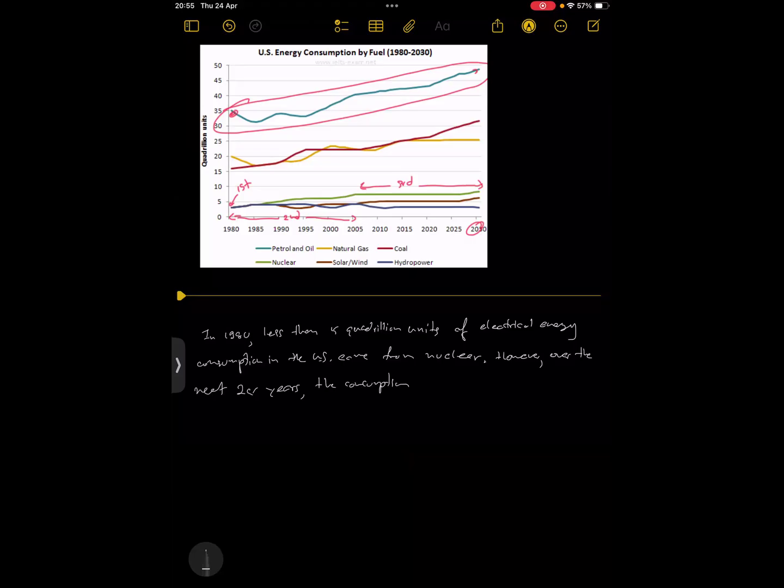The consumption rose or went up, right? The consumption went up.